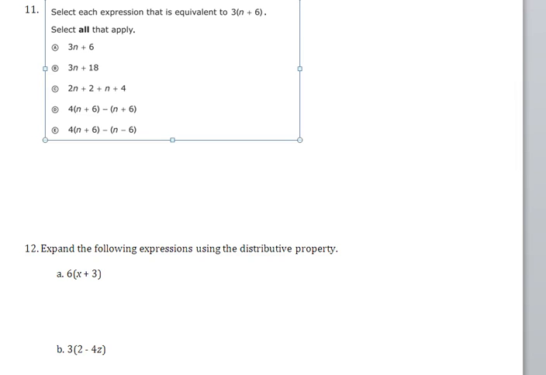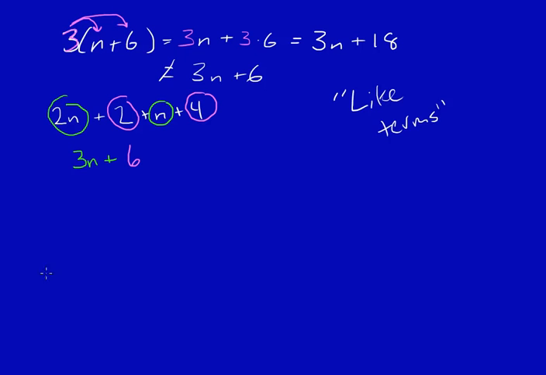Let's look at 4 times n plus 6 minus n plus 6 right here. Let me write that out here. So we have 4 times n plus 6 minus n plus 6.